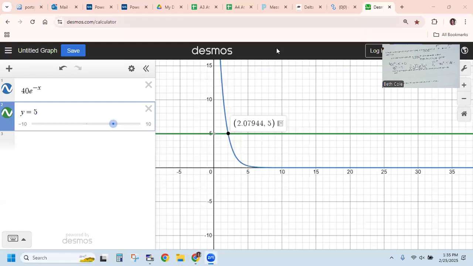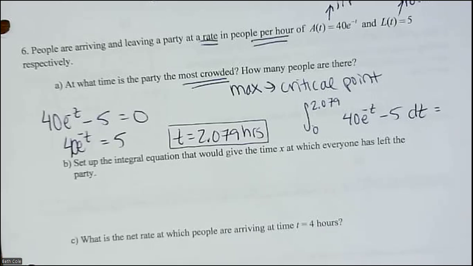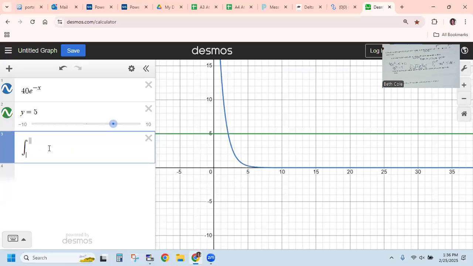Oh crud. Actually, hold on a second. All right, so for right now, I'm just going to type int 0 to 2.079. That needs to be a copy and pasted thing, but I'm going to look that up and get back to you.